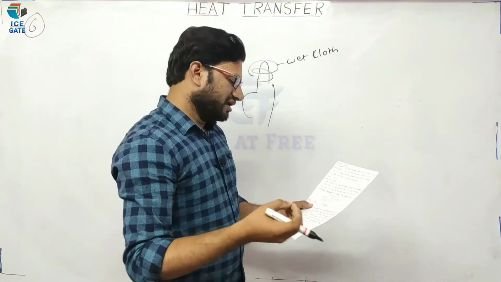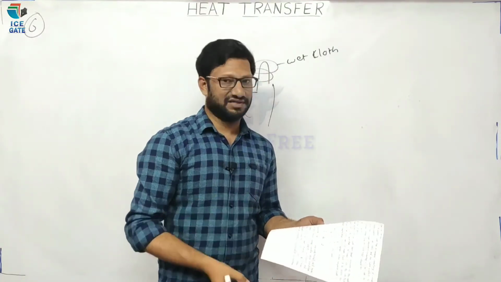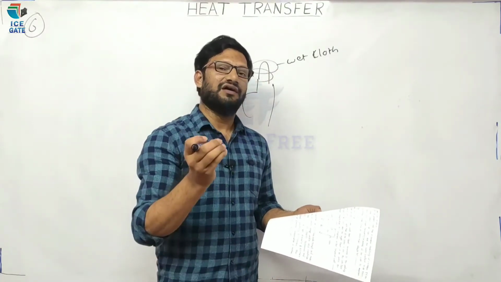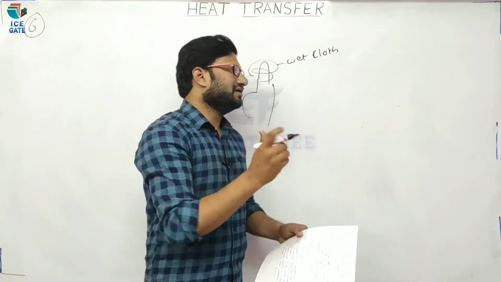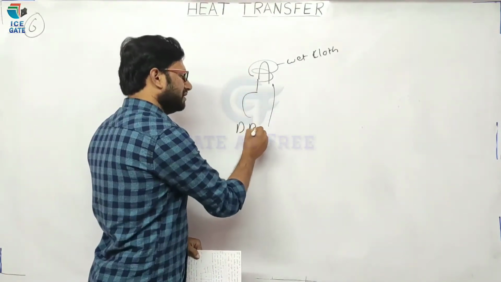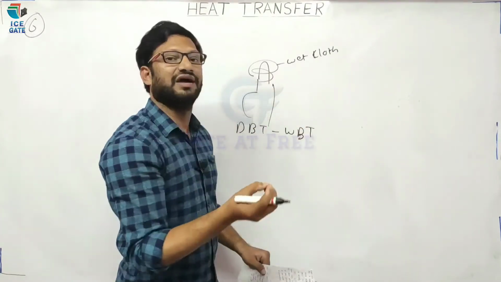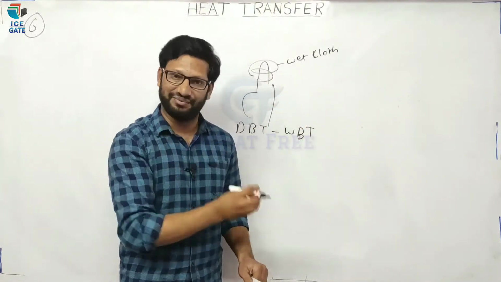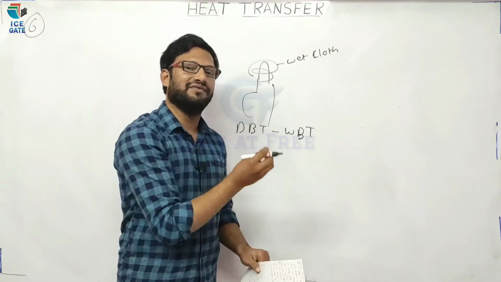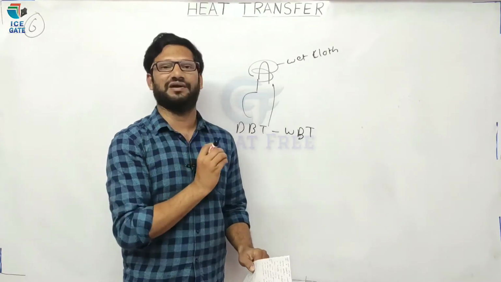But sir, why is the wet bulb temperature given? Simply, the difference between dry bulb temperature and wet bulb temperature shows the humidity percentage in the room. I will explain this concept clearly in psychrometry.